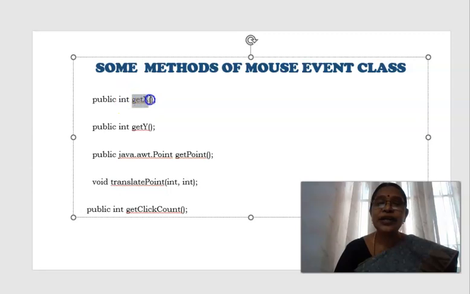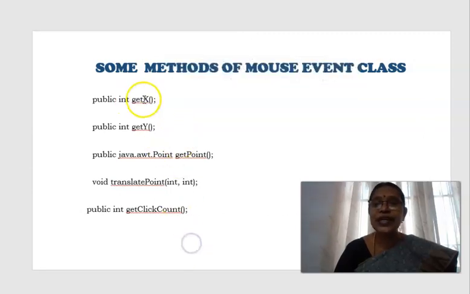At that point, the x coordinate can be received using the method getX. Similarly, you have getY. So getX and getY get the x and y coordinate of the point where you click the mouse.